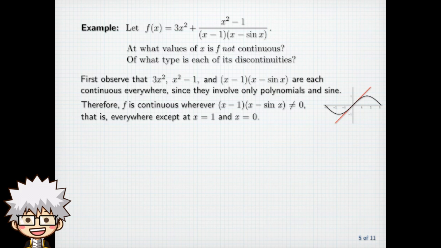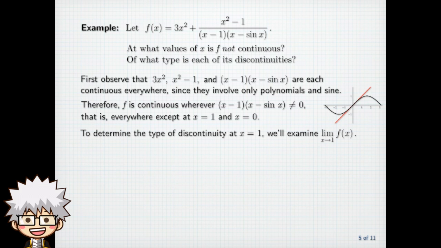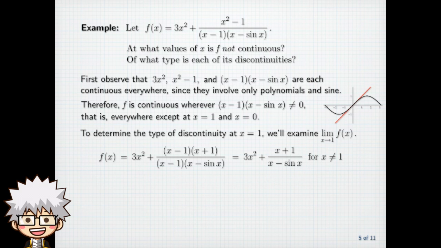To determine the type of discontinuity at x equals 1, we'll examine the limit as x approaches 1 of f of x. The numerator in the second term factors into x plus 1 times x minus 1, and so the x minus 1 factor cancels, and we conclude that the function f of x equals 3x squared plus x plus 1 divided by x minus sine x for all x other than 1.